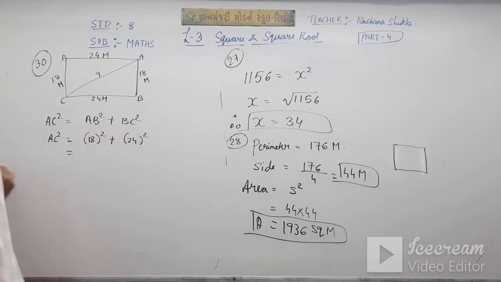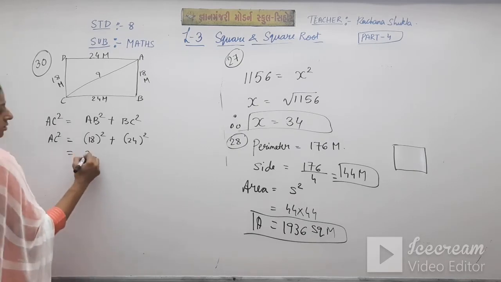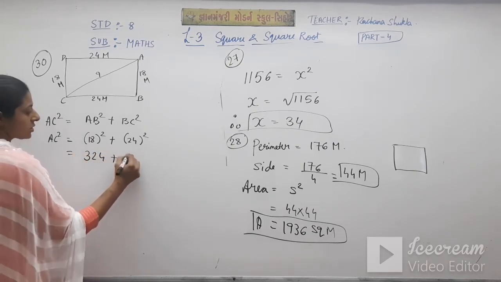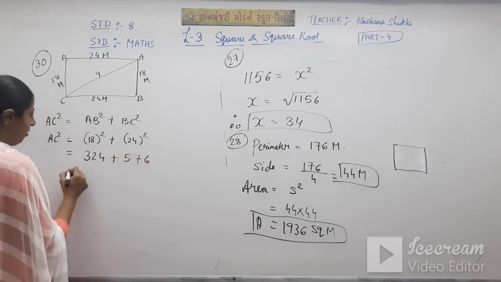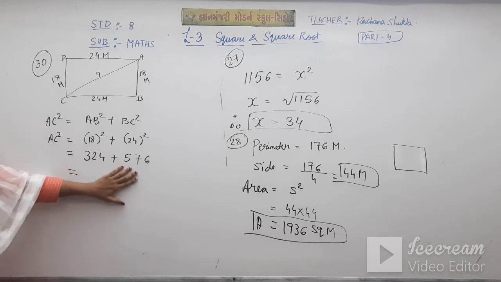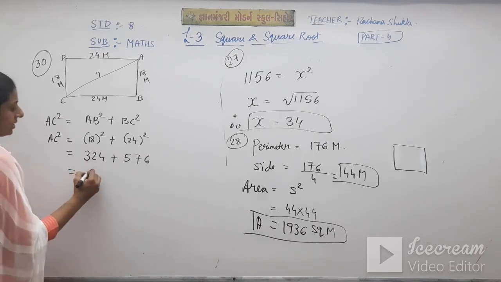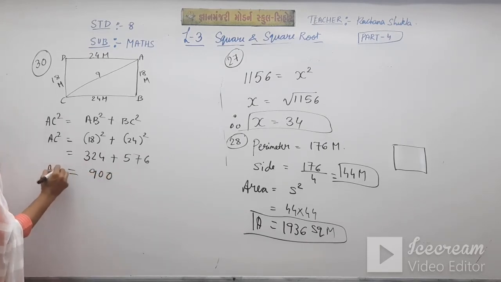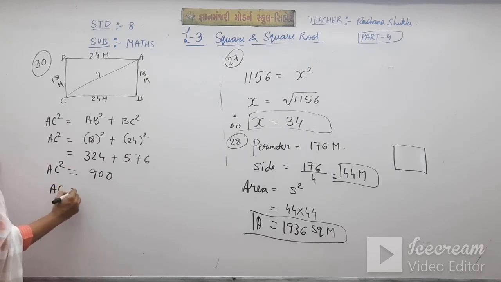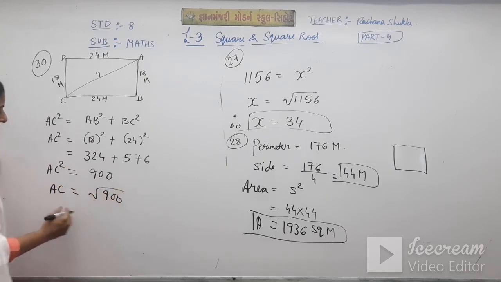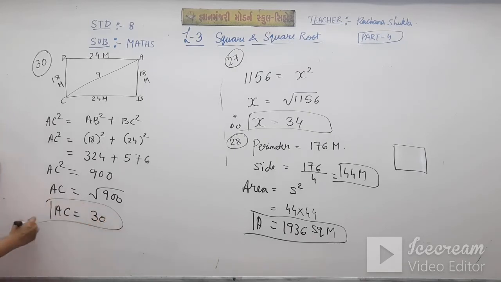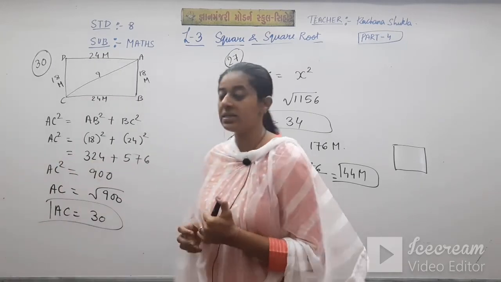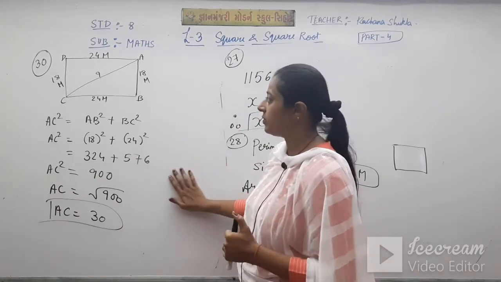What is 18 square? 18 square is 324 and 24 square is 576. Now total it will be 900. AC square is equal to 900. AC is equal to root 900. So AC is equal to 30. What is the square root of 900? It's 30. So this way you will solve the sum.